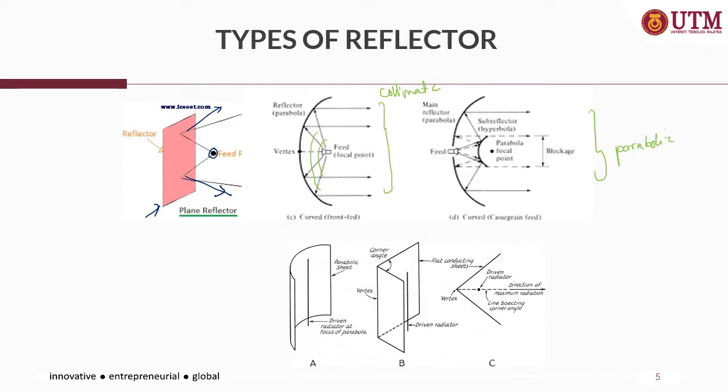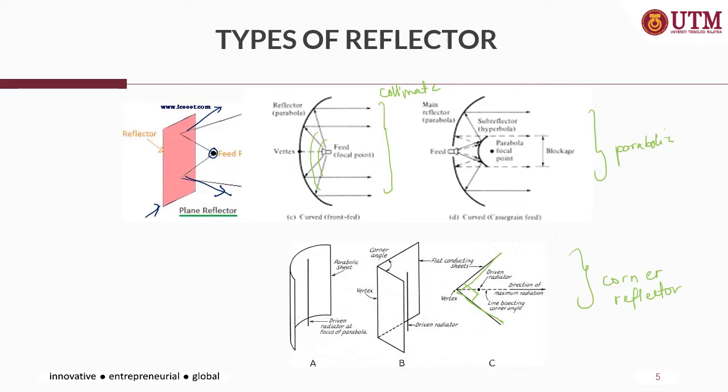and another one is the corner reflector, where the plane is cornered at an angle of 90 degrees if a plane surface is used, or a bended surface can be used.